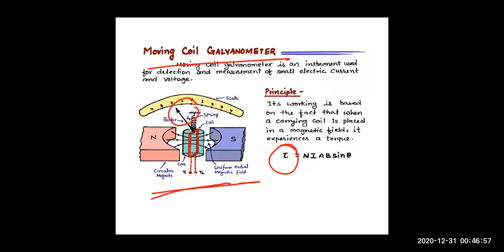So if we want torque to be maximum, then children, B should be maximum, the magnetic field should be maximum. And what happens in a radial magnetic field is that the intensity of the magnetic field at the center of the coil will be large, it will be maximum.